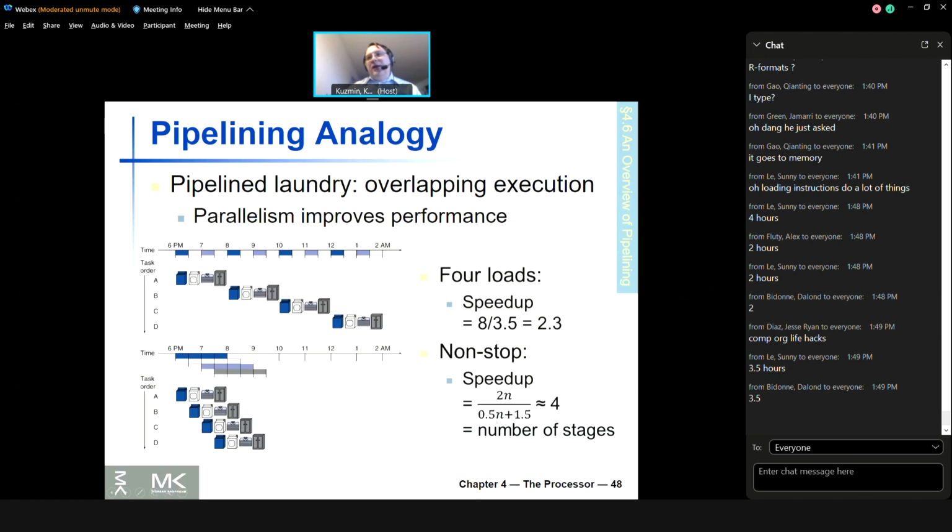If n is large, you can basically ignore 1.5, this little term in their denominator, and then you have 2n divided by 0.5n, and n's cancel out, and then you have just 2 over 0.5, which is 4, which happens to be the number of stages, right? Stage is the hardware: the washer, the dryer, the folding table, and the closet. So the speed up we can achieve is close to 4 if we have enough loads, and the load is nonstop.